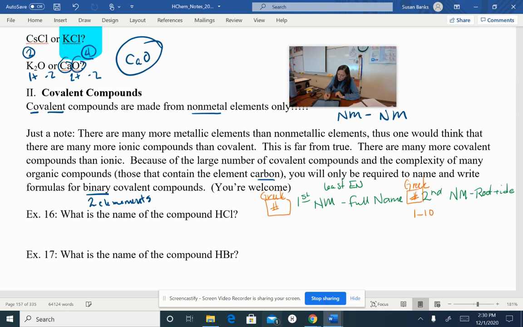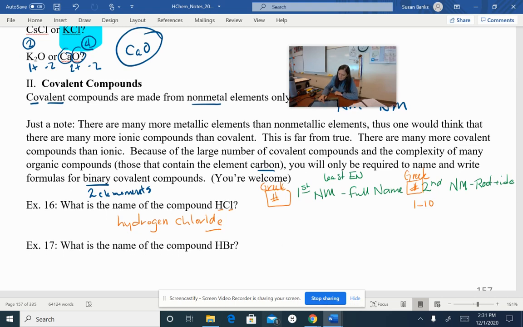Now, so how would I name HCl? So my first nonmetal here, the full name is hydrogen. And the second nonmetal is chlorine. So the root of chlorine is chlor. And then I'm going to add ide, hydrogen chloride.